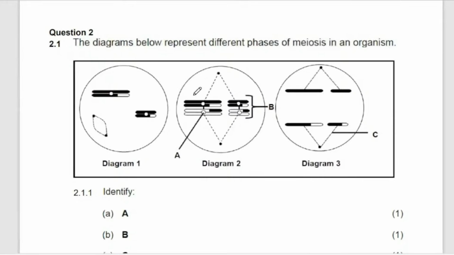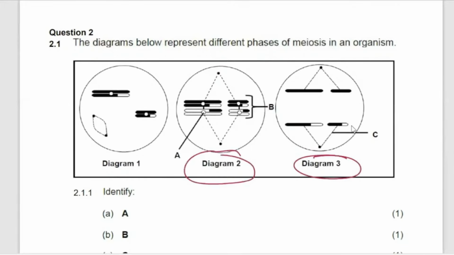But guys, something is itching me, and that itch makes people lose marks in meiosis. Number one, identify the phase in diagram 2, diagram 1, diagram 3.